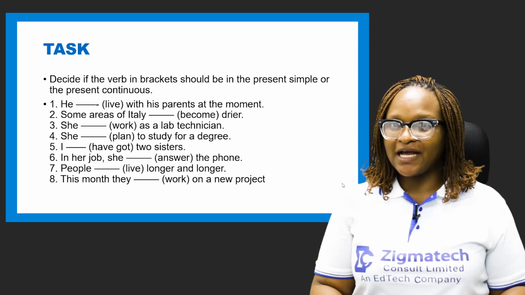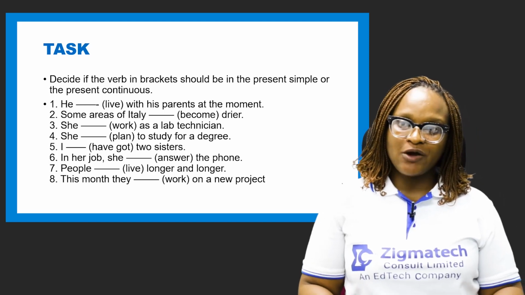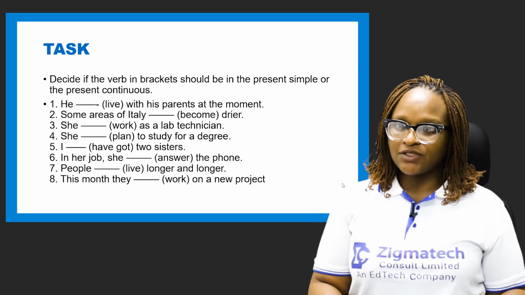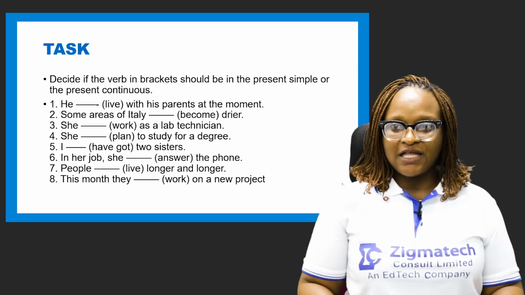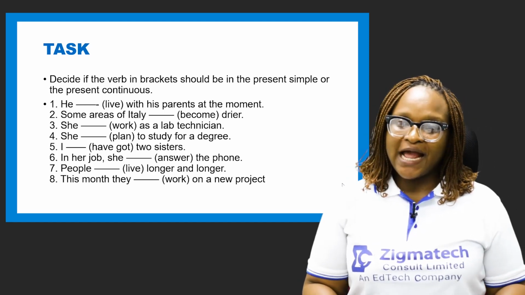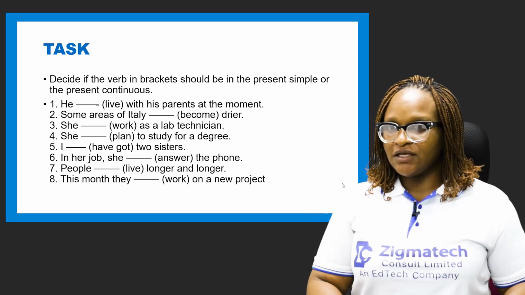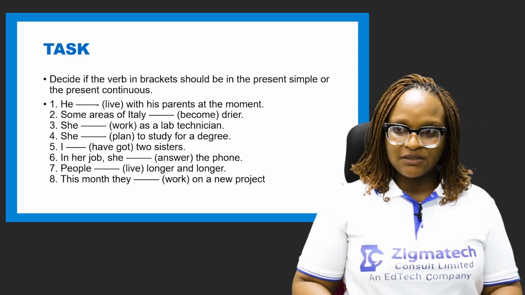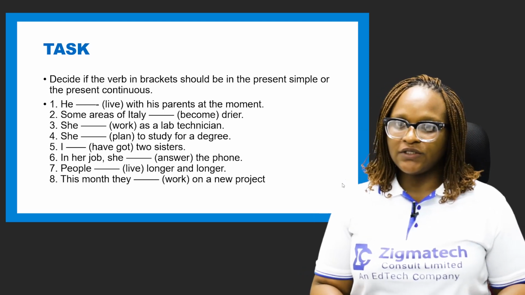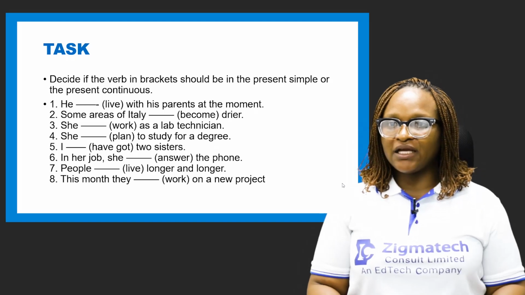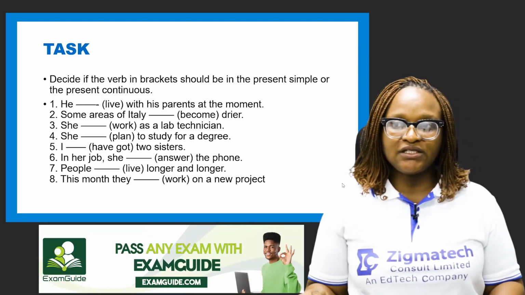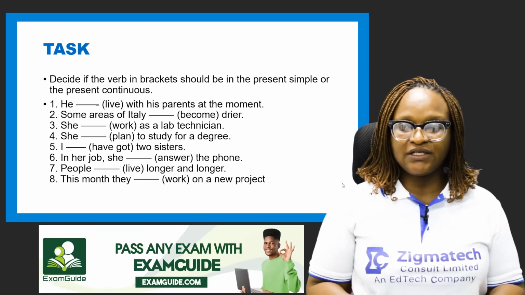All right, let's look at the task. Before we go to our ExamGuide app, let's just look at this task. I would like you to try it out and see how well you have learned on the topic. It says decide if the verb in brackets should be in the present simple or the present continuous.